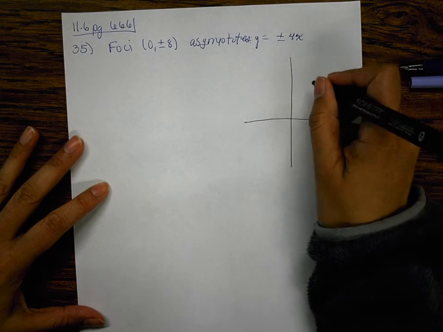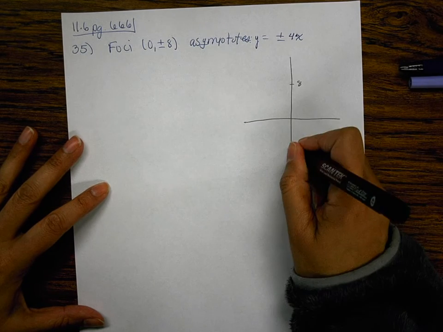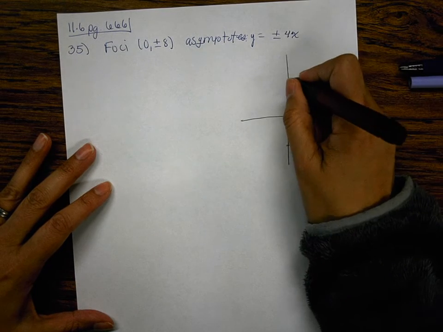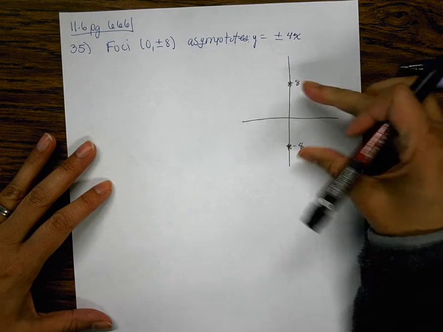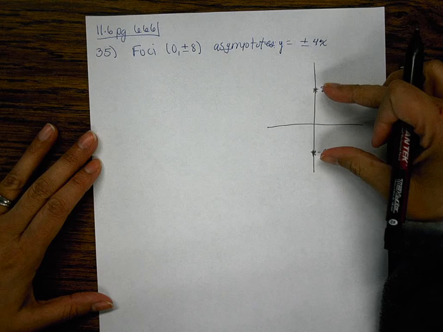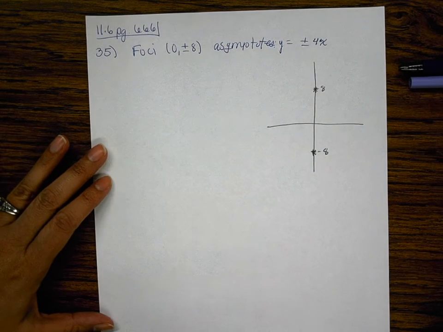So we have our foci at (0, plus or minus 8), and these are the foci. We can tell the center is at the origin. The book also tells us that for this section the center is at the origin, but we can tell that just from the given information as well.